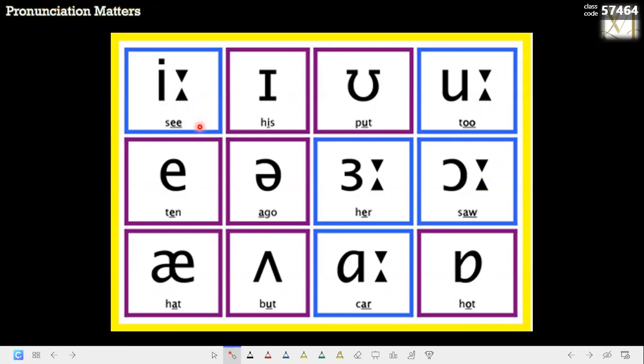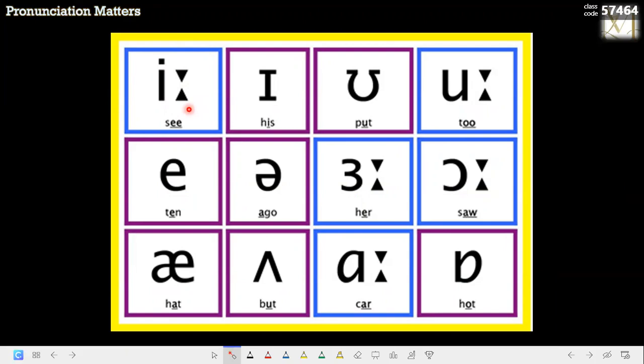Okay, so we can note that this vowel is long because we have two dots, and these two dots are emphasizing that this is a long vowel. And also we have the blue square telling us this is a long vowel.